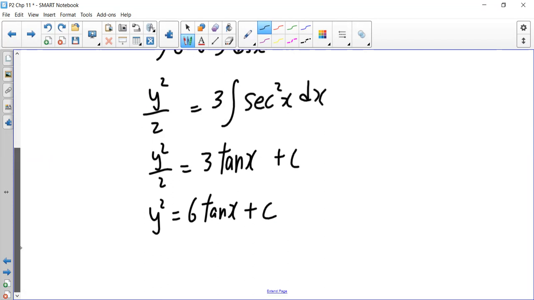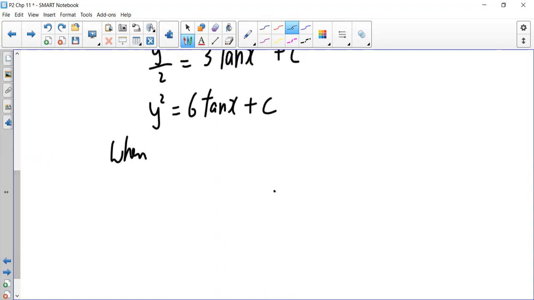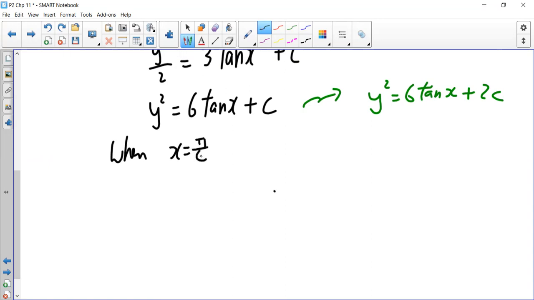Next, we're going to substitute in the boundary condition. Now, I do want to show you as well, just in case some of you might have done y squared equals 6 tan x plus 2c. That's not a problem. I'll show you how they would work out differently, but achieve the same answer. When x equals pi over 4 and y equals 2, you substitute in, so 2 squared, which is 4, equals 6 tan pi over 4 plus c.